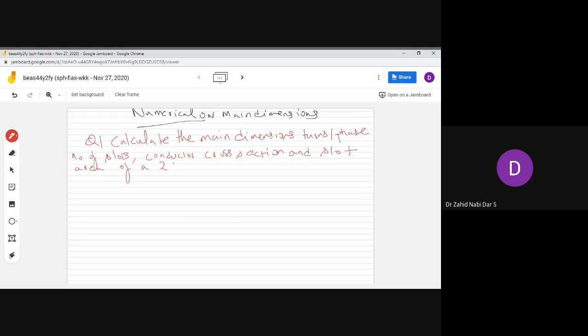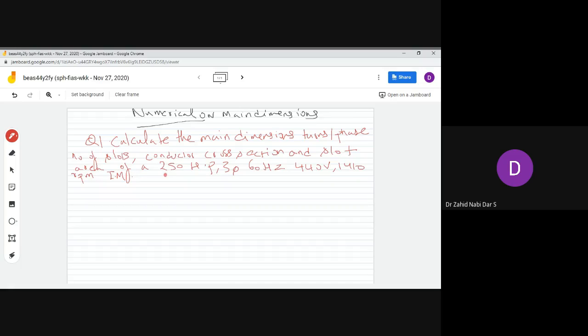of a 250 HP, 3-phase, 60 hertz, 440 volt, 1410 RPM induction motor.